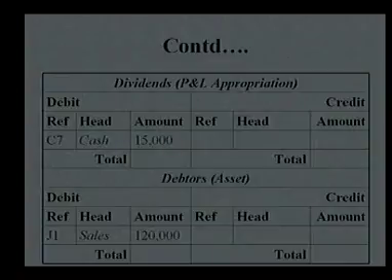Now comes debtors. This entry has been taken from journal. If you remember, under journal you had sales, and sales you did not in lieu of cash but on credit, right? So, what has happened? Somebody owes the money to the company.